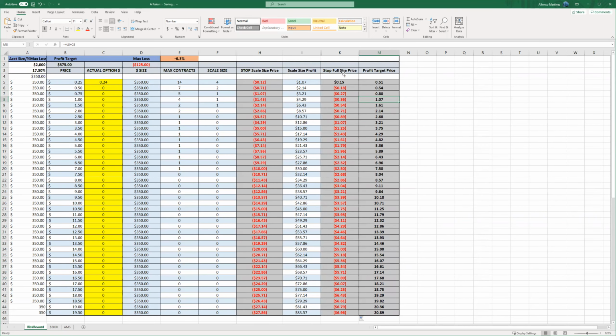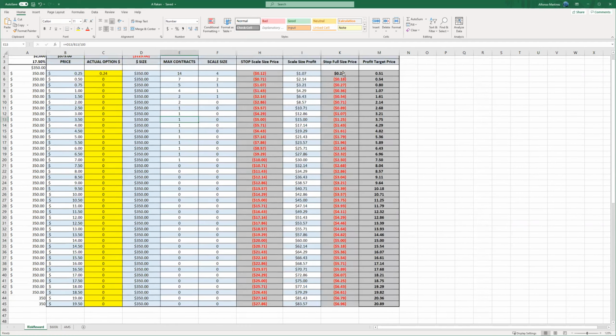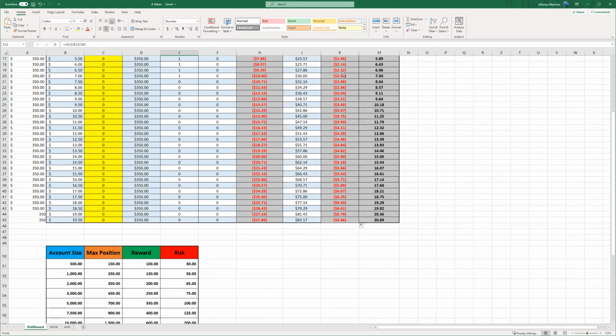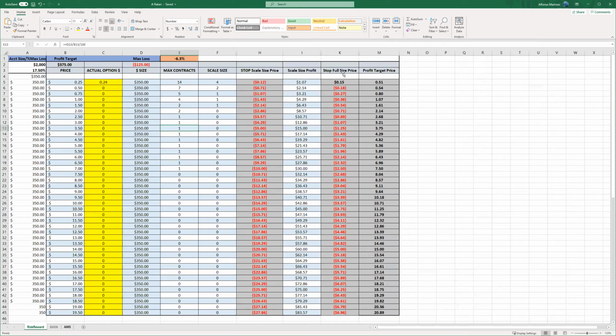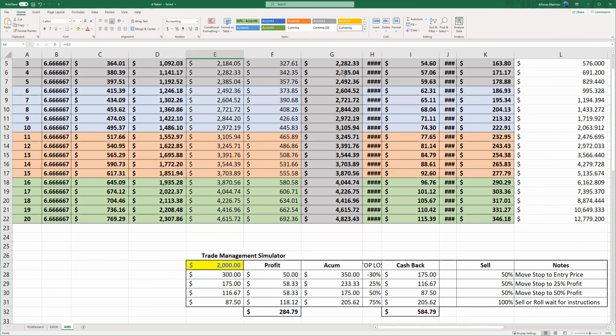With 350, I know that I can go up to here. It's not rocket science, but yes, everything here is going to be available. Okay, so are we good with that? We already have to determine our maximum amount, how much we're going to risk.